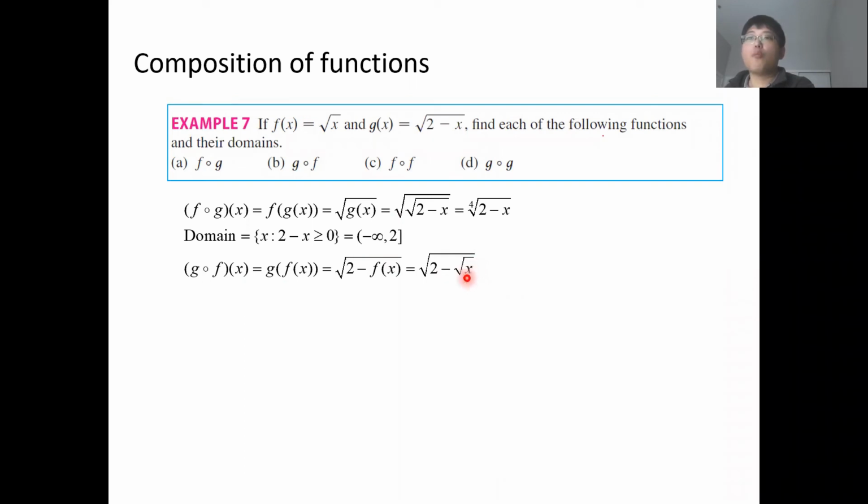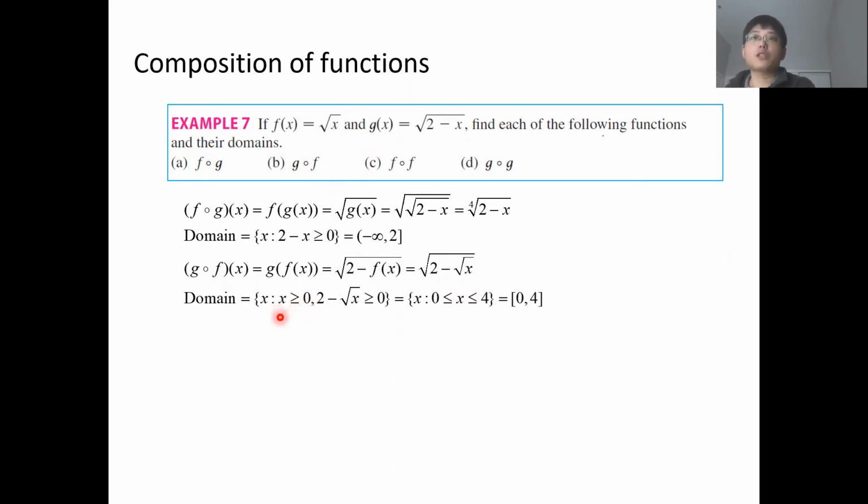All right, so to get the domain for this one, notice that first, my x has to be sitting inside the domain of f. So this means this has to make sense, so x has to be greater or equal to 0. And moreover, we need to make sure that whatever is inside here, namely 2 minus f of x, or 2 minus root of x, is also non-negative.